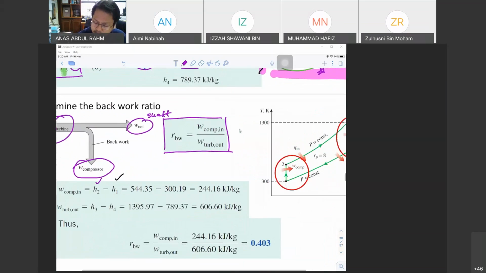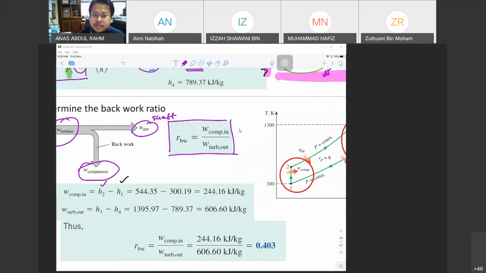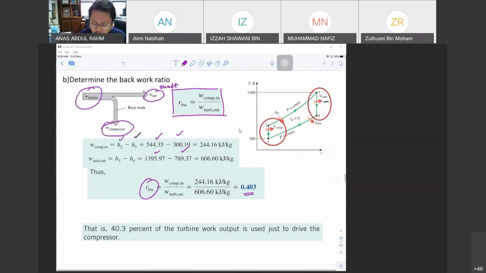Similarly, for turbine out is over here. So it is H3 minus H4. Okay, so we have all these values, substitution, and then when you put it in the equations, you notice almost 40% of the turbine work output is used to drive the compressor. Just imagine almost half. All right. So that's the back work ratio.